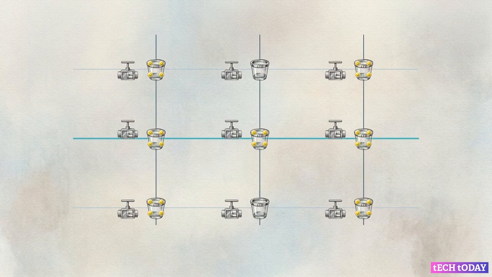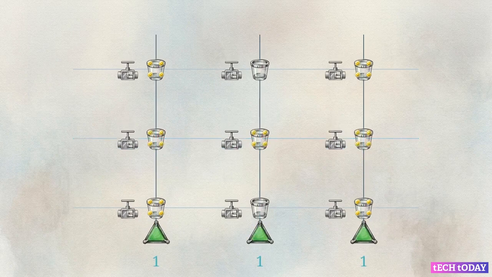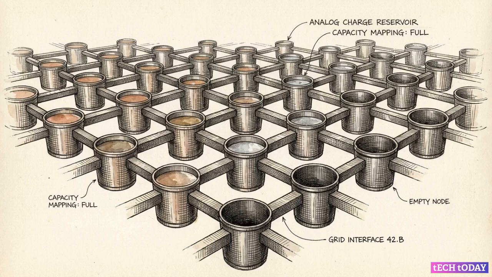With the transistors open, the capacitors dump their charge down the vertical columns, known as bit lines. At the bottom of these lines, sense amplifiers catch these incredibly faint voltage changes and boost them into a readable digital signal. DRAM is a highly volatile analog system of microscopic physical buckets orchestrated to simulate digital ones and zeros.